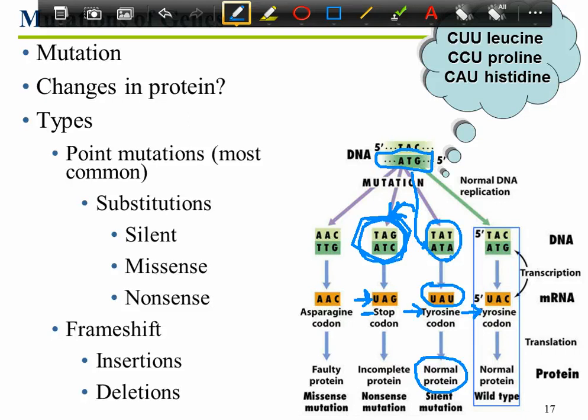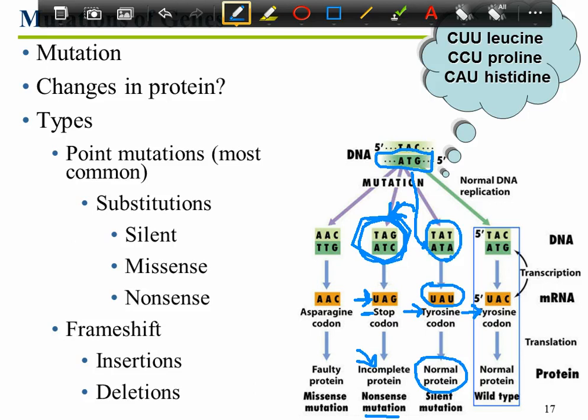So when the ribosome gets to UAG, whether UAG should be there or not, improperly, it stops. It thinks it's at the end of the mRNA, finished coding for a protein. So now you get an incomplete protein, and that's called a nonsense mutation, because obviously that protein is not going to be functional.